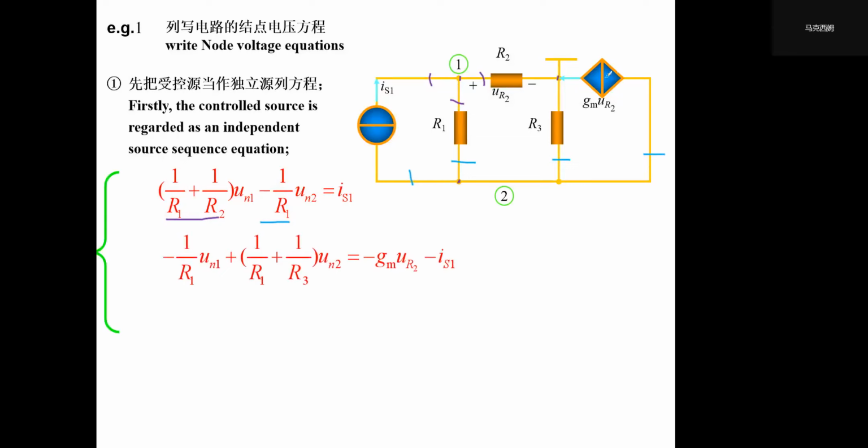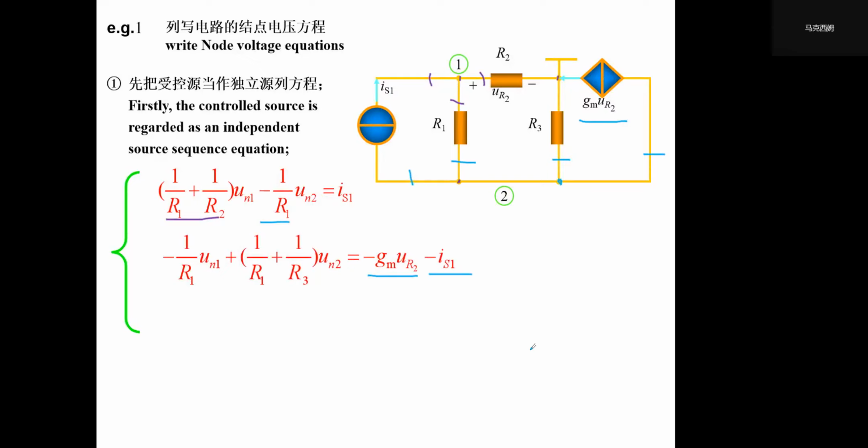And we take the control source as an independent source. Since its current flows out of node 2, we give it a negative sign. And also the ideal current source flows out of it, so we give it a negative sign.